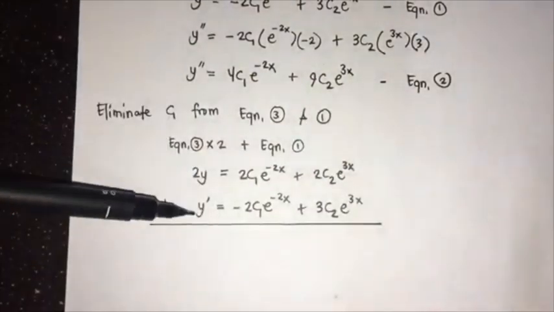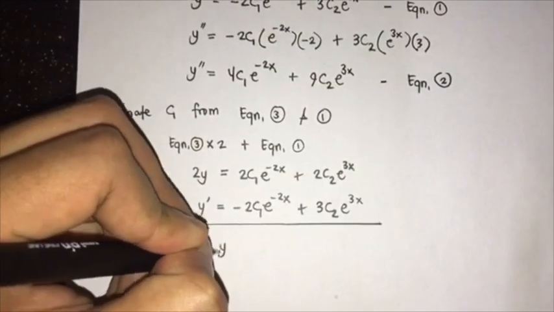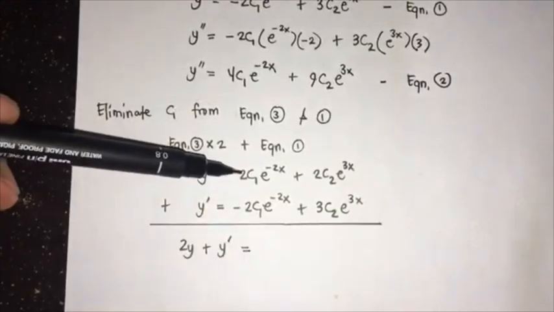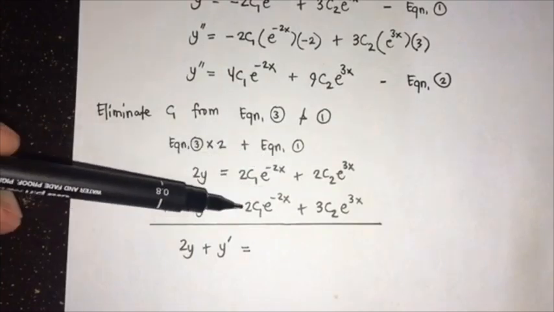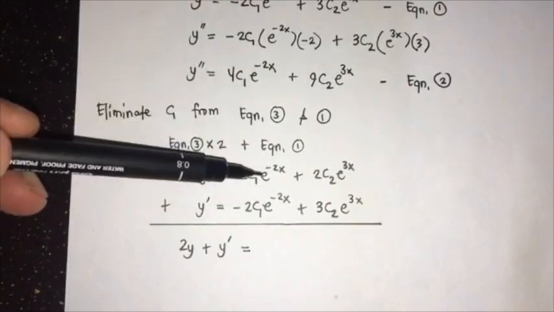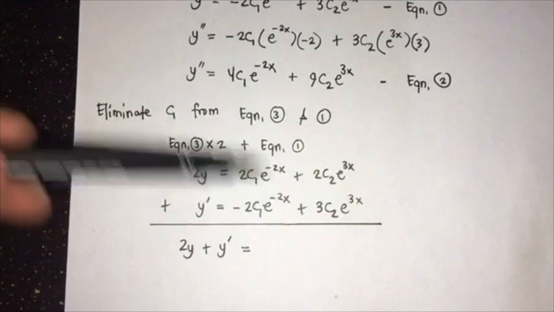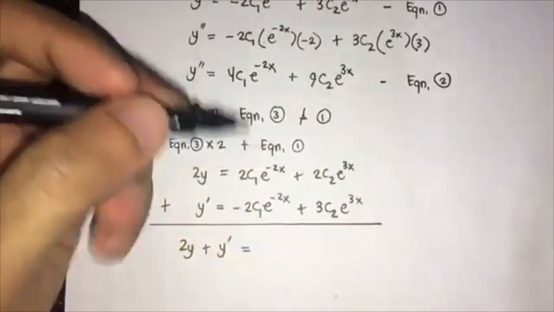2y plus y prime is equal to, adding, negative 2c1 e to the negative 2x plus negative 2c1 e to the negative 2x, so it will cancel out and become 0.